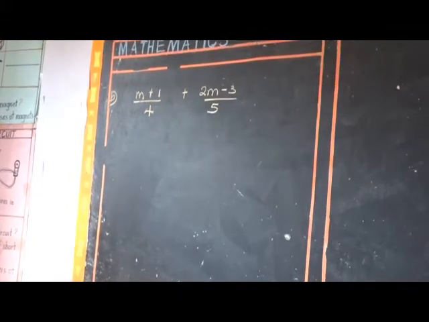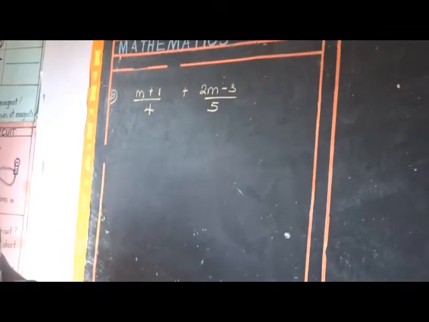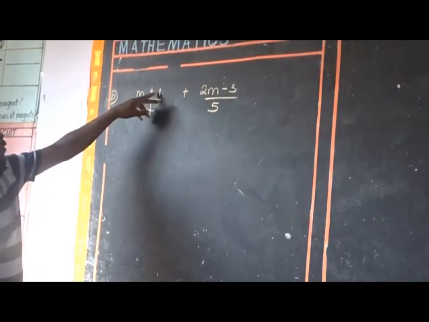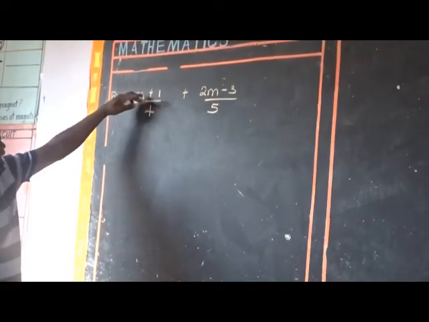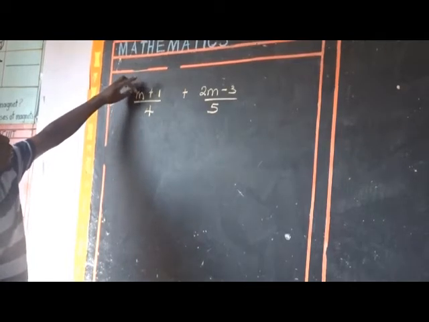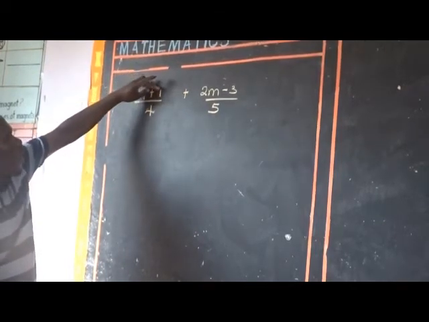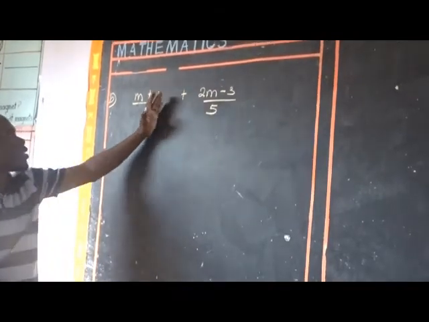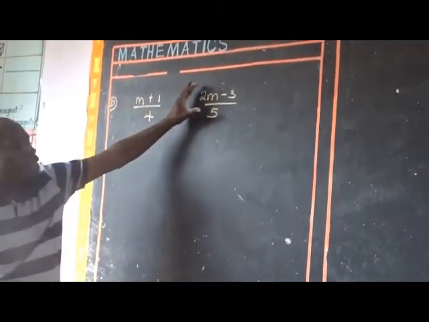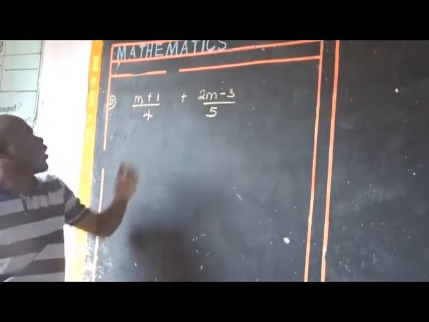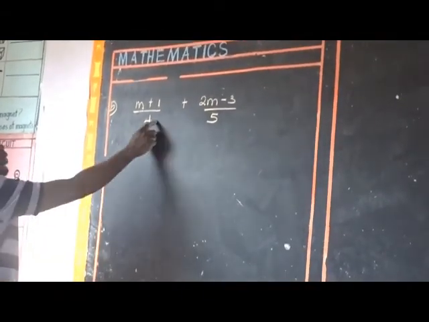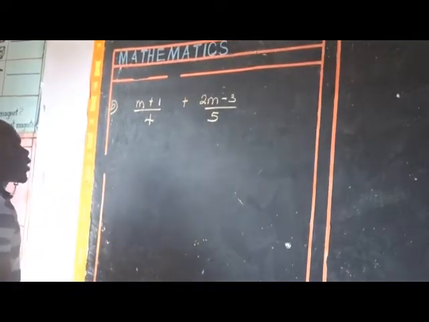In this case, what we need to look at is that this line that covers m and 1, which represents division, is only on m and 1 out of 4. It doesn't cross up this side, which means this is a term alone, and this one is also a term alone. So when we are computing this, we have to consider this fraction alone and this fraction alone.